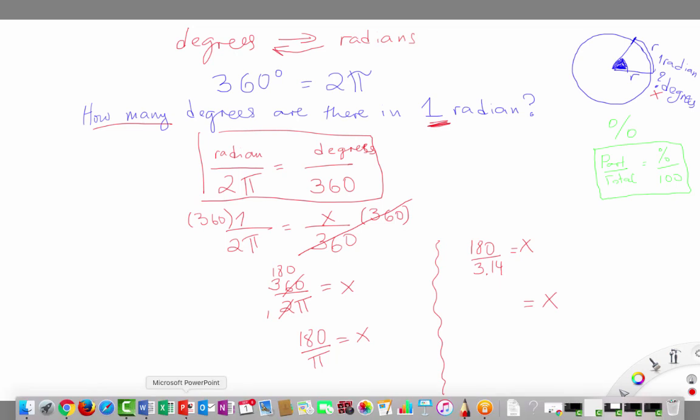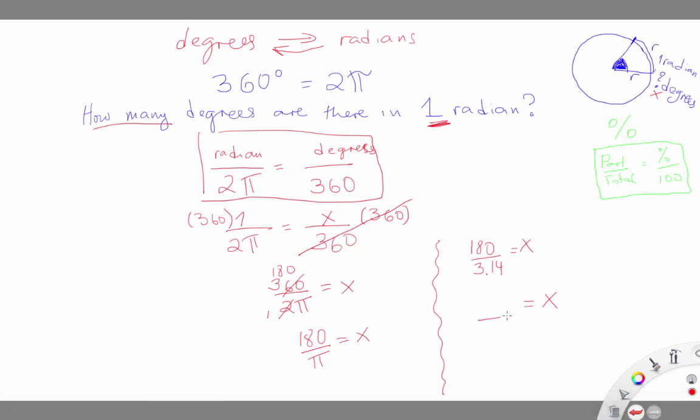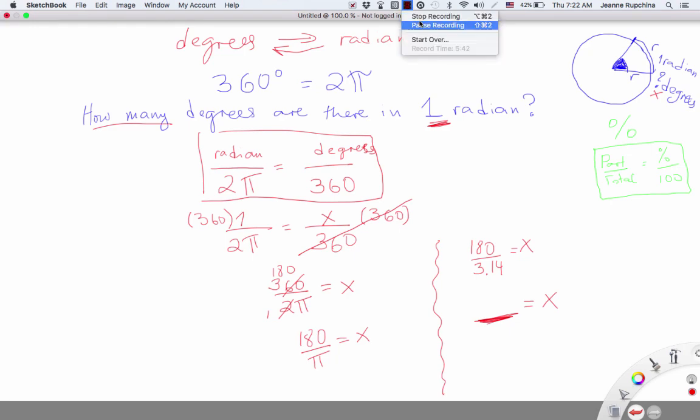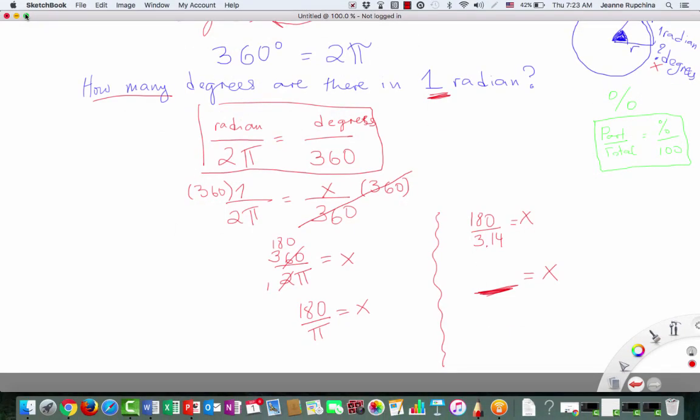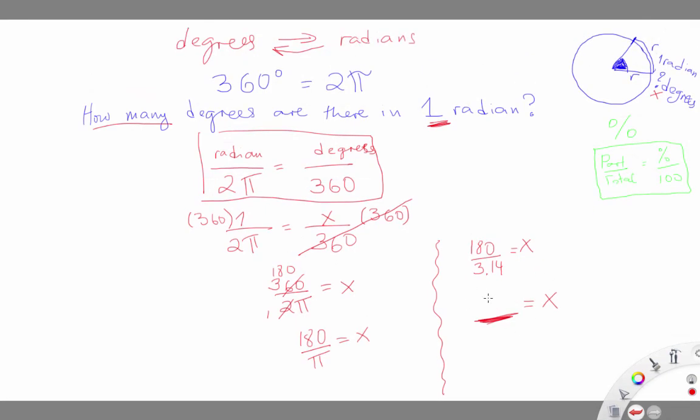You're going to get approximately 57.3 degrees. So the answer to this question, how many degrees are there in 1 radian?